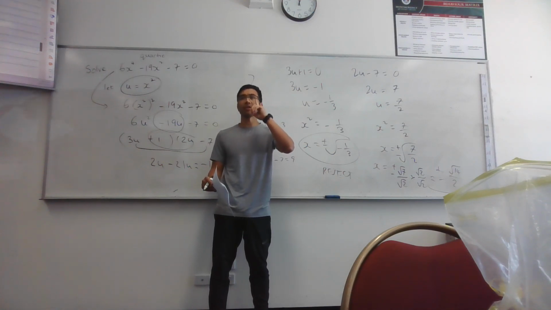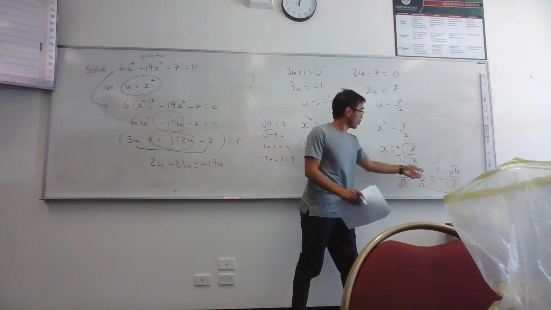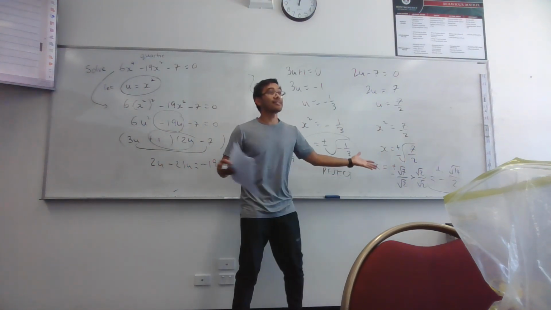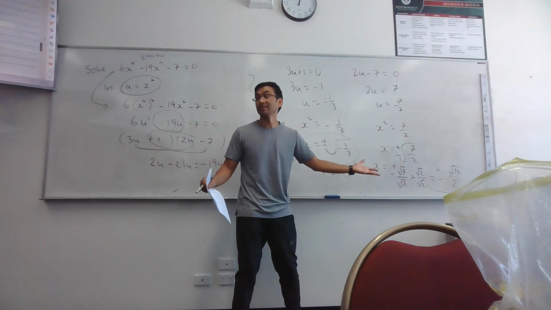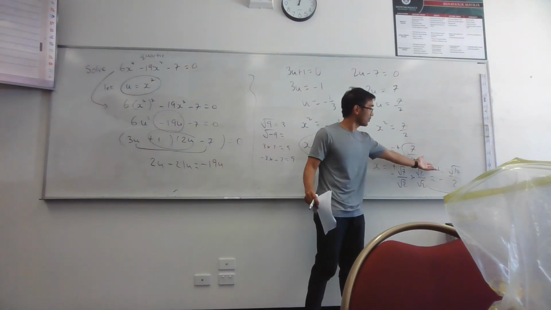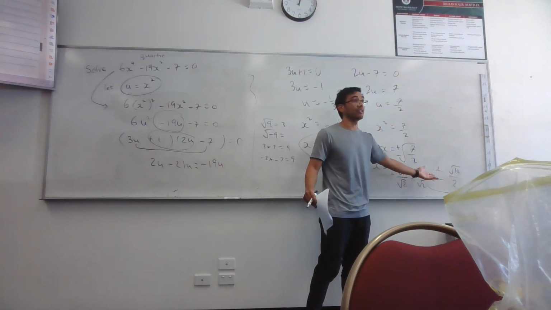Last one before we take a break. We only have how many answers? Two. A positive root 14 on 2 and a negative root 14 on 2.